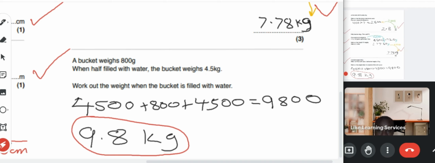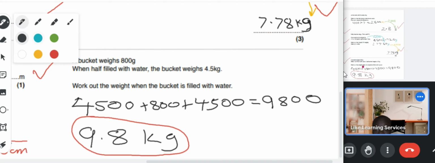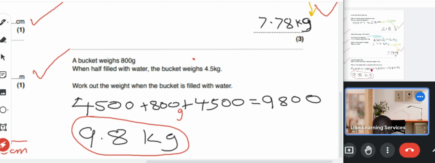You are extraordinarily good with this. This is the weight of the pocket alone, 800 grams, and that's what you have here. Are you still with me? Beautiful. And then this is the weight of, no, when half filled with water, there's something you didn't notice. When half filled with water, that's together with water, it is 4,500.